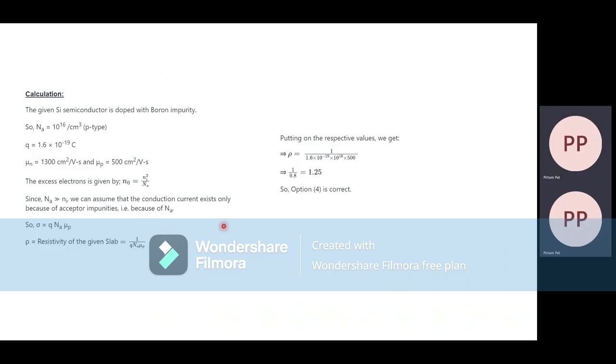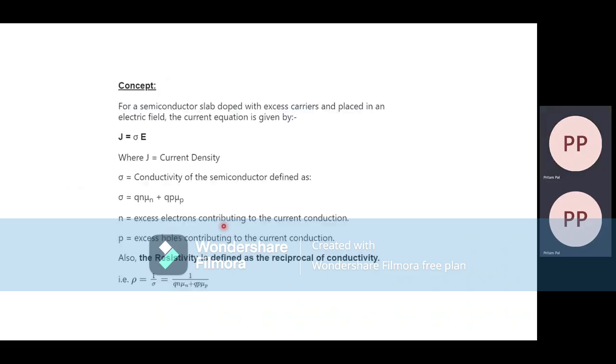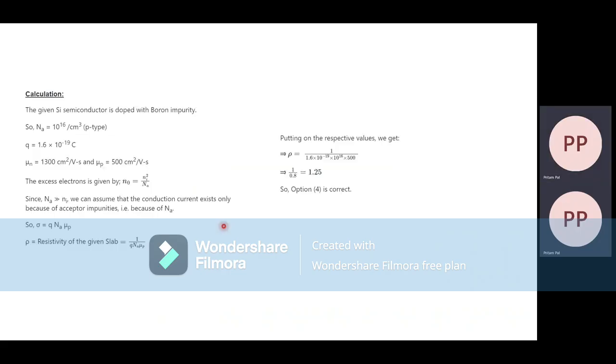Since Na is greater than ni, we can assume that the conduction current exists only because of the acceptor impurities, that is because of Na. So sigma, simply you can write, sigma equals q Na times mu p. And rho, the resistivity of the slab, is 1 over q Na times mu p. So we'll put all the respective values and we'll get the resistivity to be 1.25. So option 4 is correct.